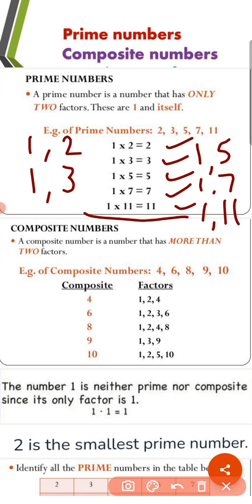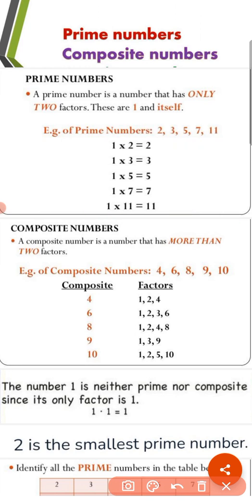These are examples for prime numbers because 2 has two factors 1 and 2. 3 has two factors 1 and 3. 5 has two factors 1 and 5. 7 has two factors 1 and 7. 11 has two factors 1 and 11. So these are prime numbers. Clear?